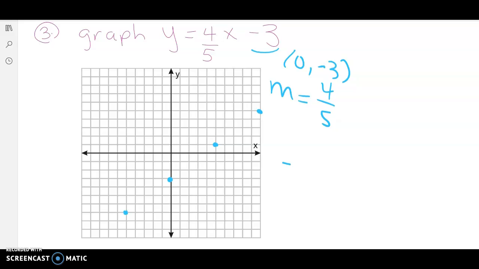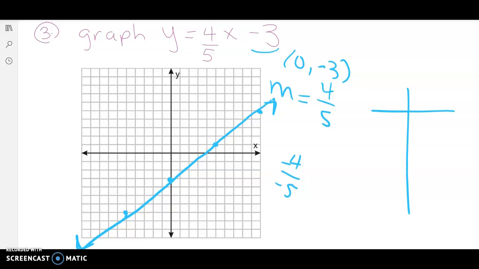This point here comes from if you thought about -4 over -5. That does simplify to positive 4/5. All right, not too bad for me to draw a line on the computer here. So that would be the graph of your equation y equals 4/5 x minus 3. If I asked you guys to draw a chart, use the points that you know.